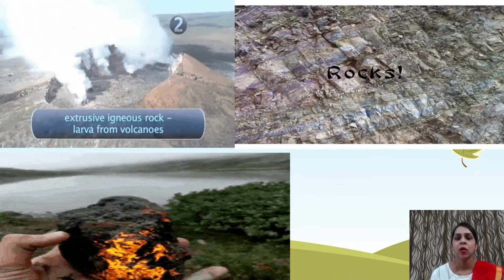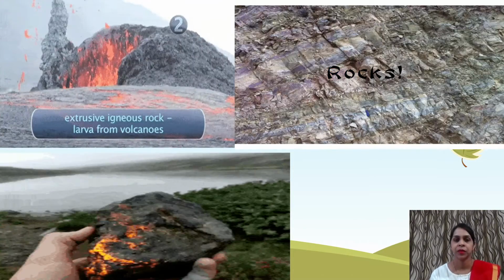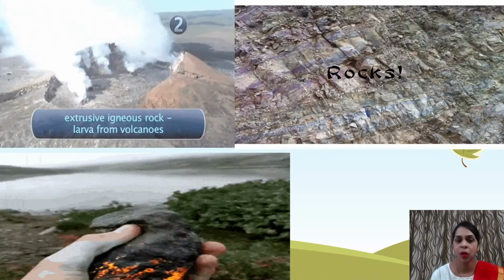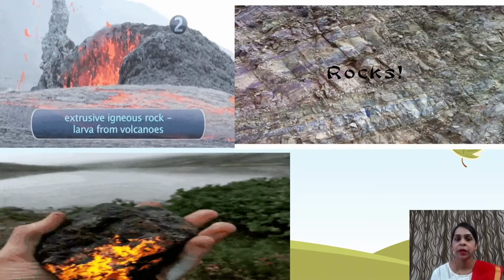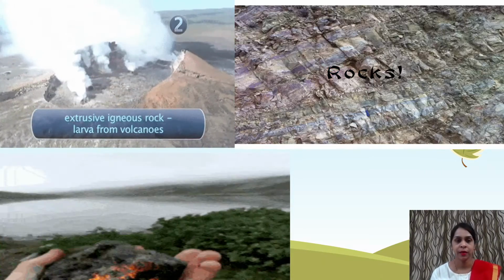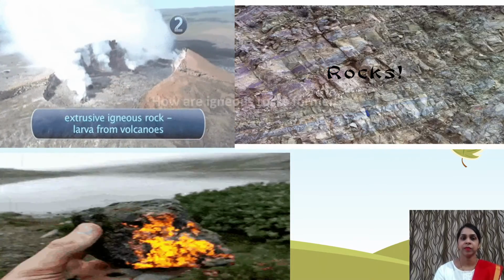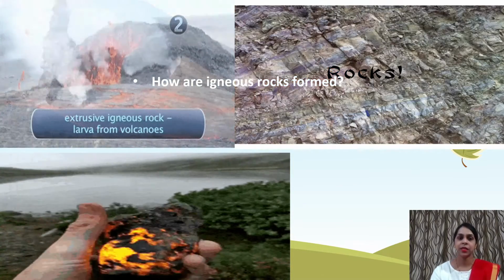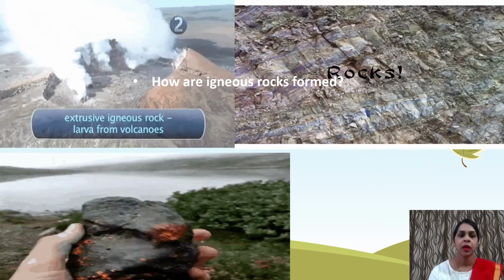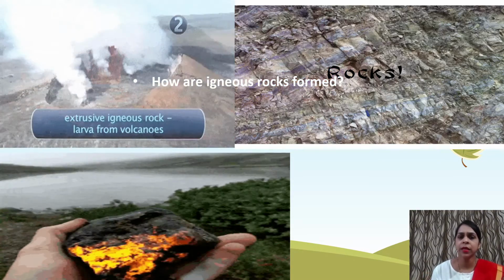Students, observe these pictures. This is related to rocks. What kind of rocks can you see here? Yes, this is igneous rock. How is igneous rock formed?